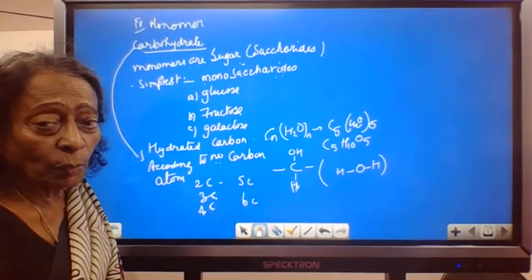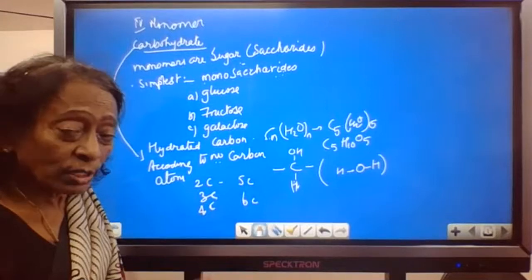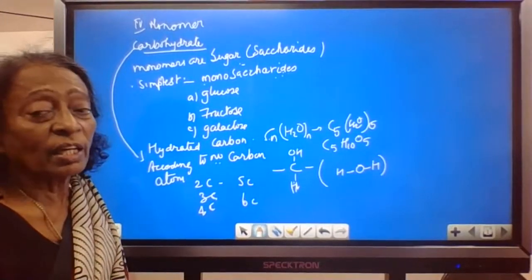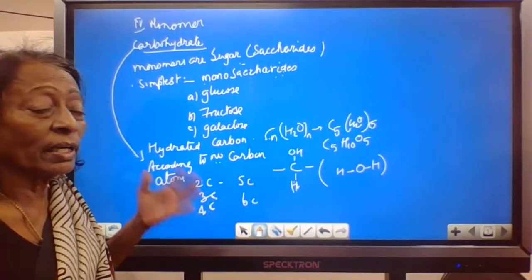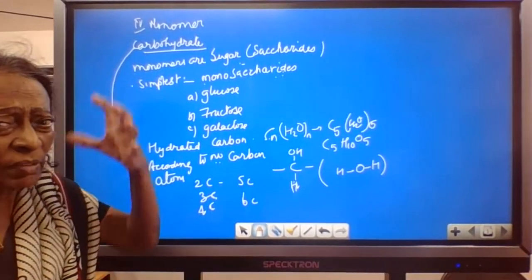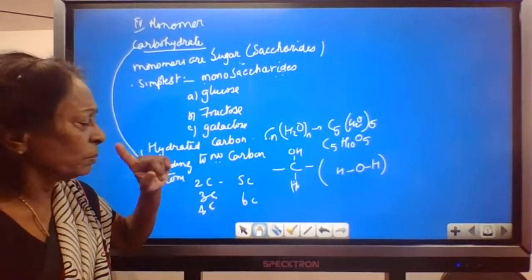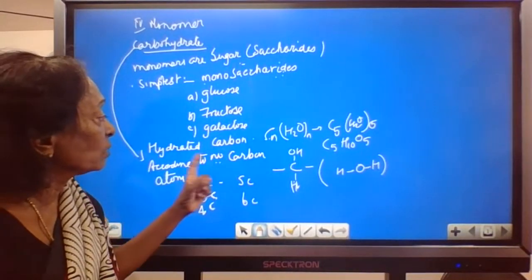A 4 carbon compound need not always be a sugar. It can be an acid, oxalic acid, and phosphoglyceraldehyde is a 3 carbon compound. So all these things are named according to the number of carbons. We are only bothered now that glucose is a 6 carbon compound, and now fructose and galactose. These are the 3 major ones.